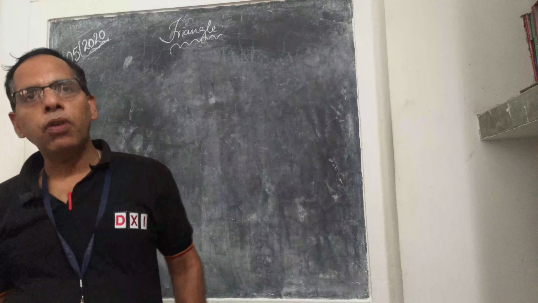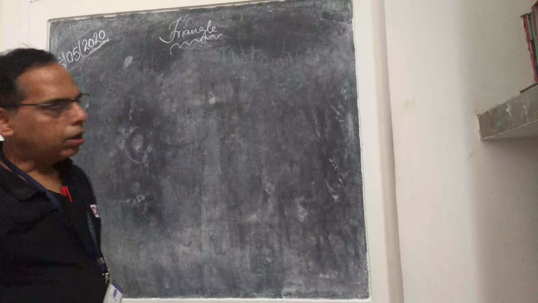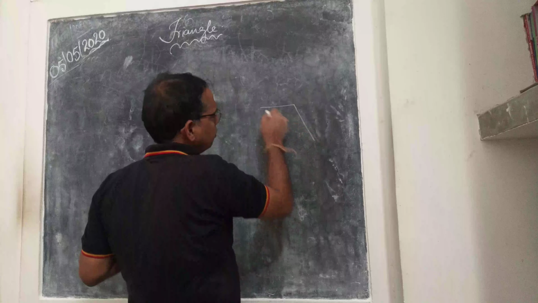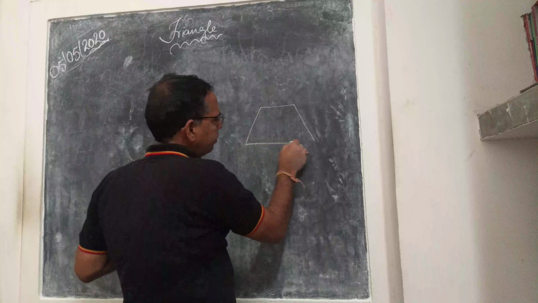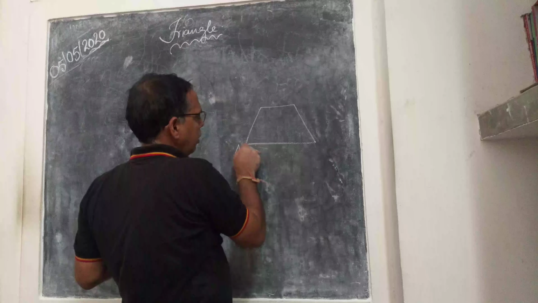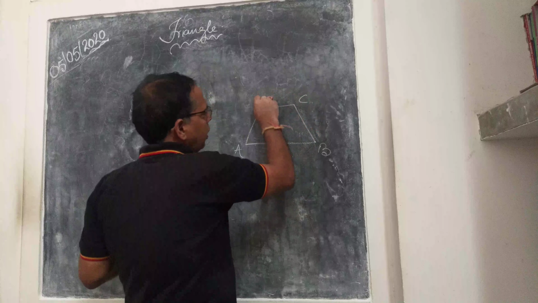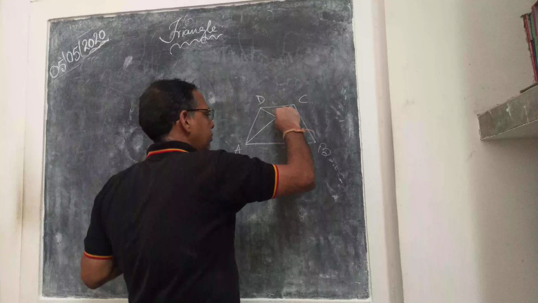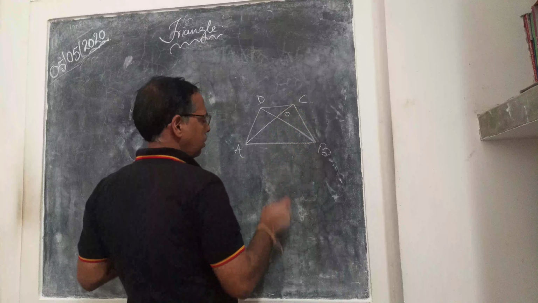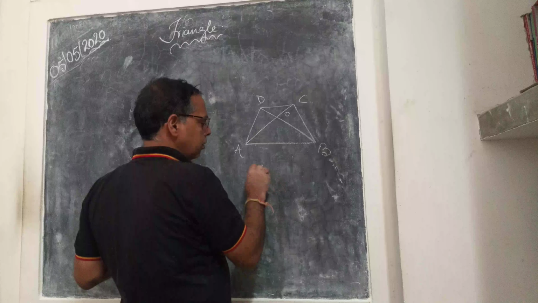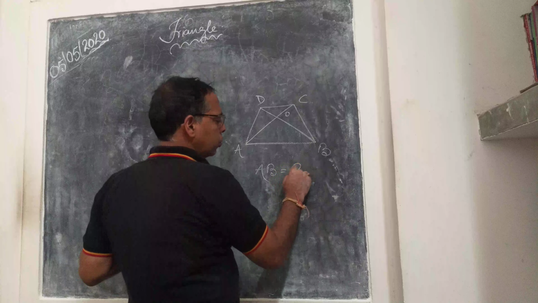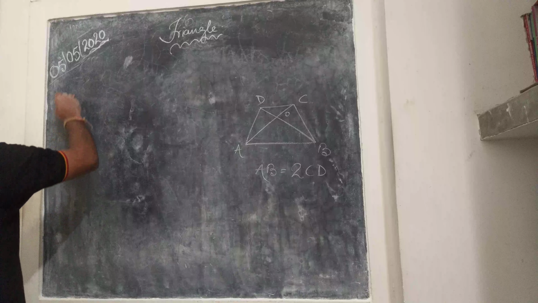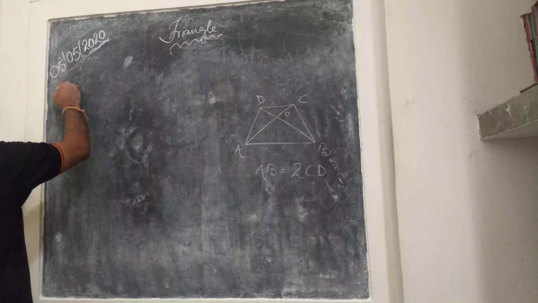So first of all you draw the diagram. The diagram is not there in the book, so please draw the diagram. The diagram is a trapezium ABCD. Here the condition is given that AB equal to twice CD. This is question number 2.